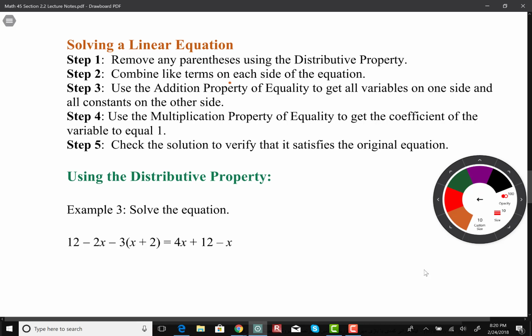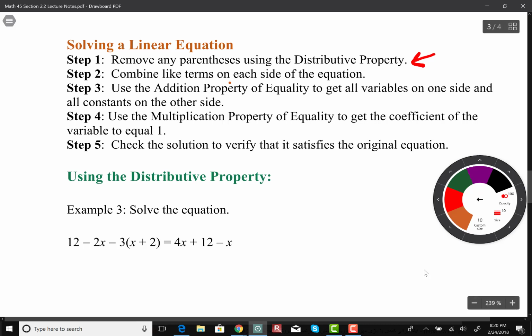They're listed in here. Step 1, remove any parentheses using the distributive property. In the previous examples, we didn't have parentheses, so we didn't even have to worry about step 1. But in this problem, down here, example 3, we have parentheses. So we're going to apply step 1 and then we move on to step 2.